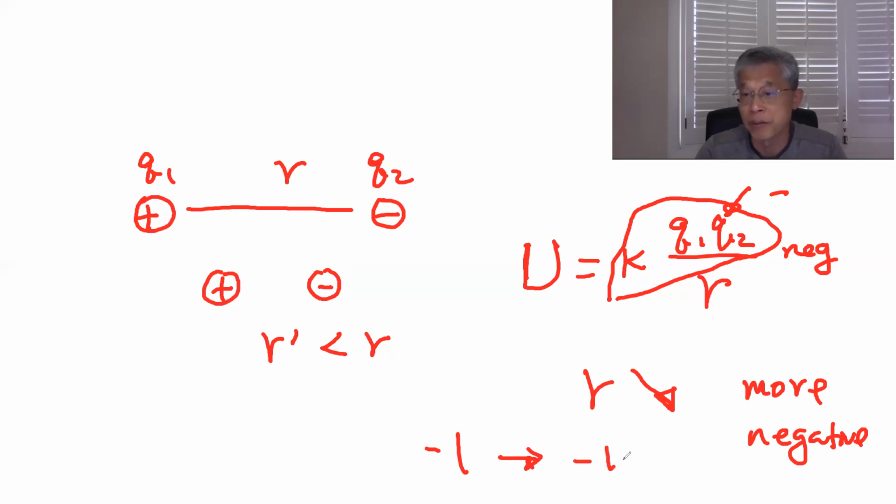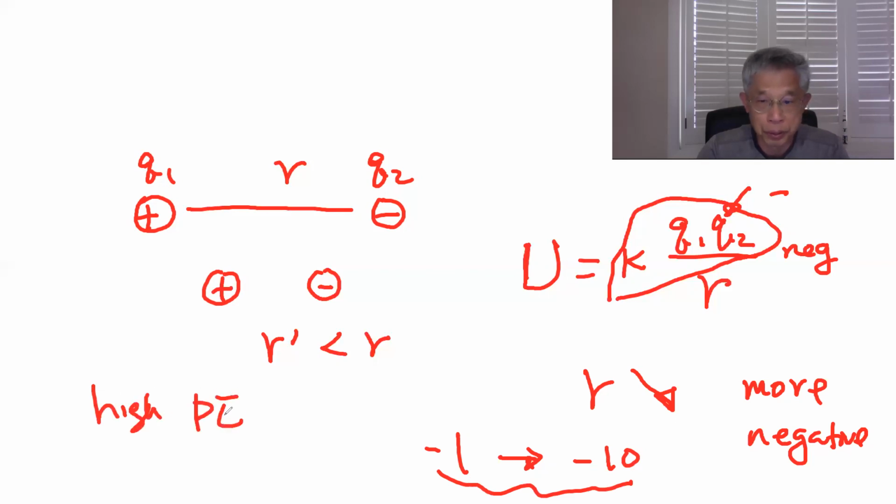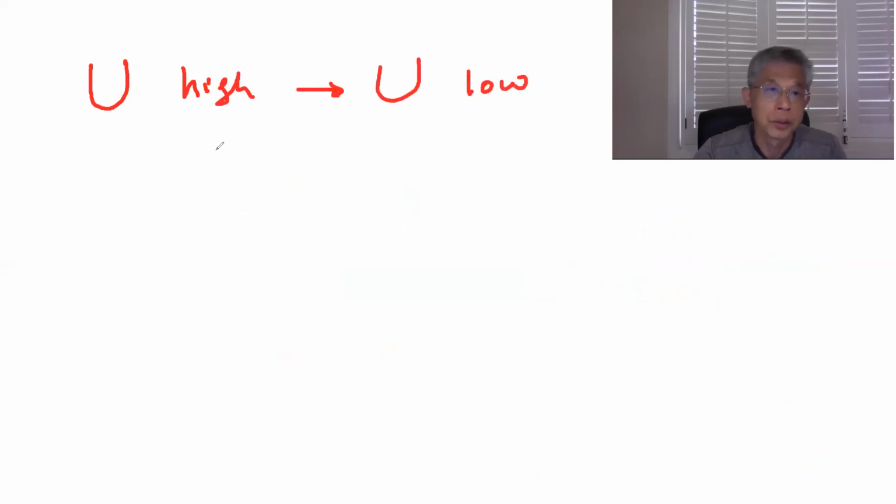So again, this is going from high potential energy to low potential energy. That's the natural tendency for charges and for mass.